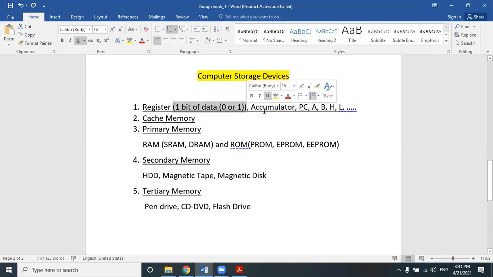Register is the closest memory device to the processor, and the register can match the speed of the processor. Only the register can match the speed of the processor with itself. That means the register can work in step with the processor speed. So that's why the register is the fastest.